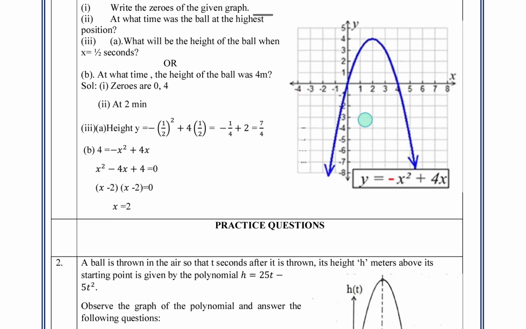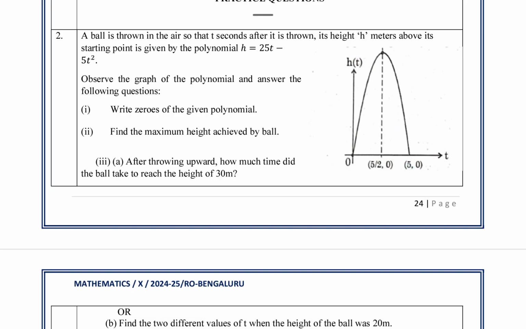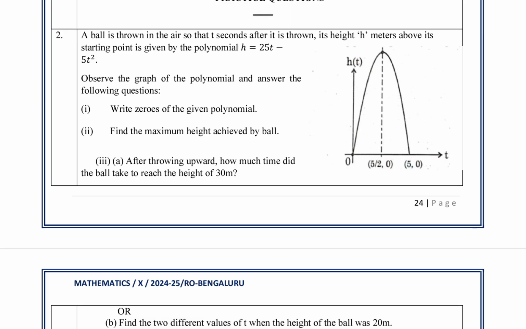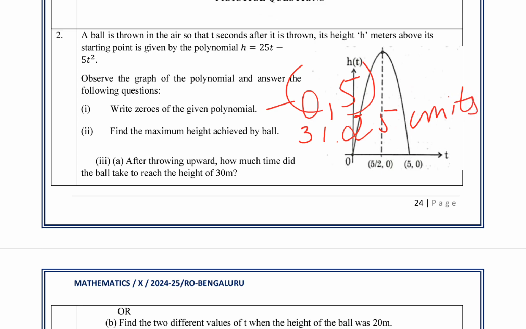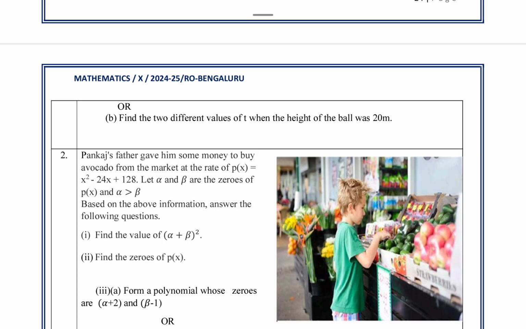Then next we are moving towards the practice. Okay, here the first question is having the answer 0, 5. Second one is having 31.25 units. You can calculate. Third one, that A question is having 3, 2, and B is having 4, 1.